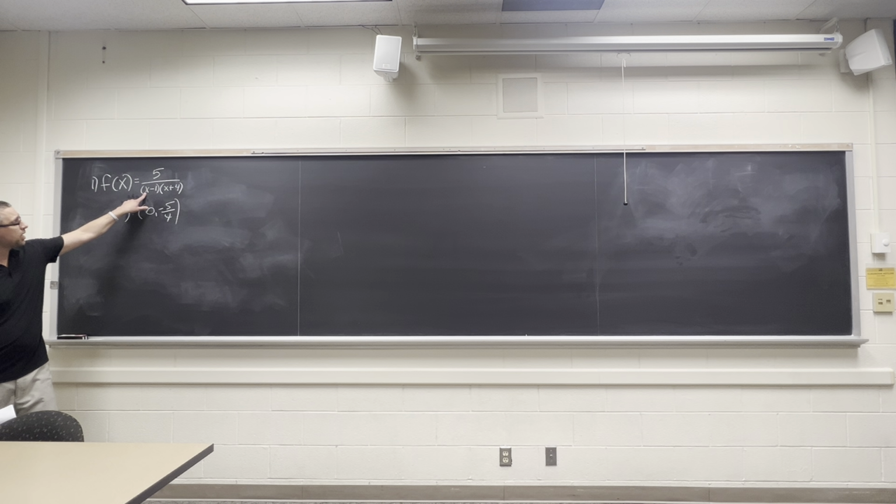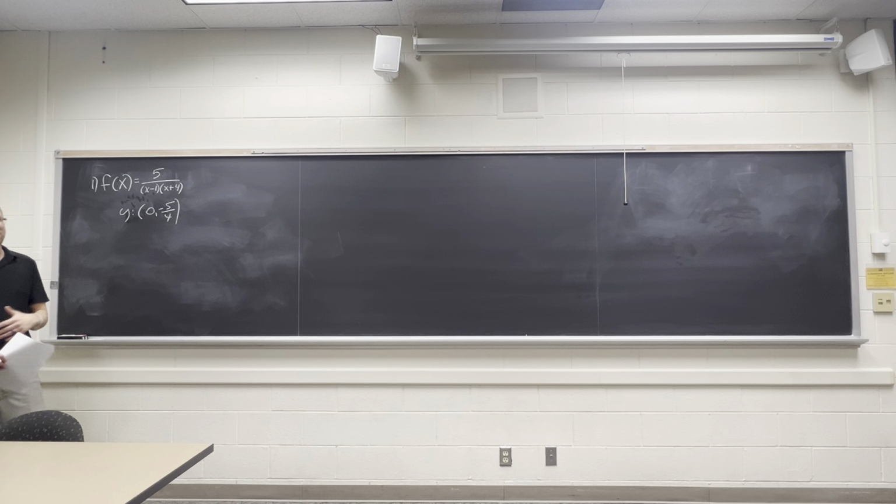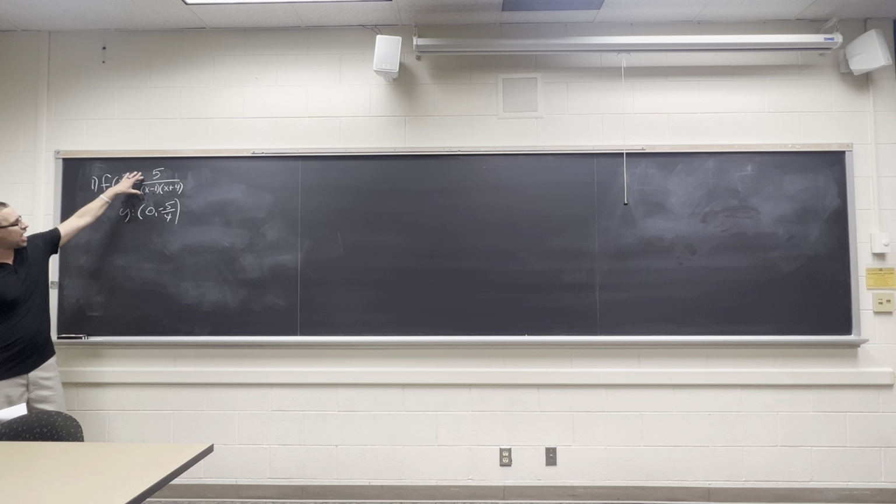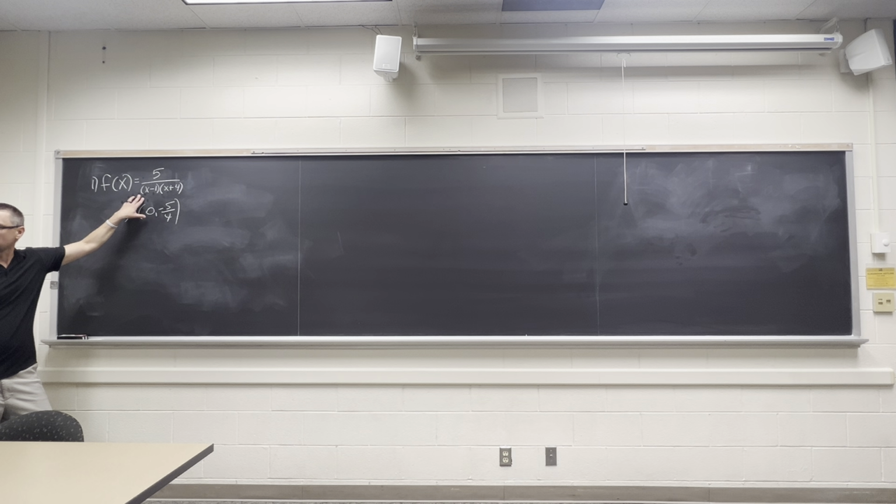As x gets really big, something huge minus 1 is still really huge, and something huge plus 4 is huge. If x is infinity, infinity minus 1 is still ridiculously big, and infinity plus 4 is still huge, so you basically get 5 over something really big. If the bottom gets really big, what happens to the whole fraction?